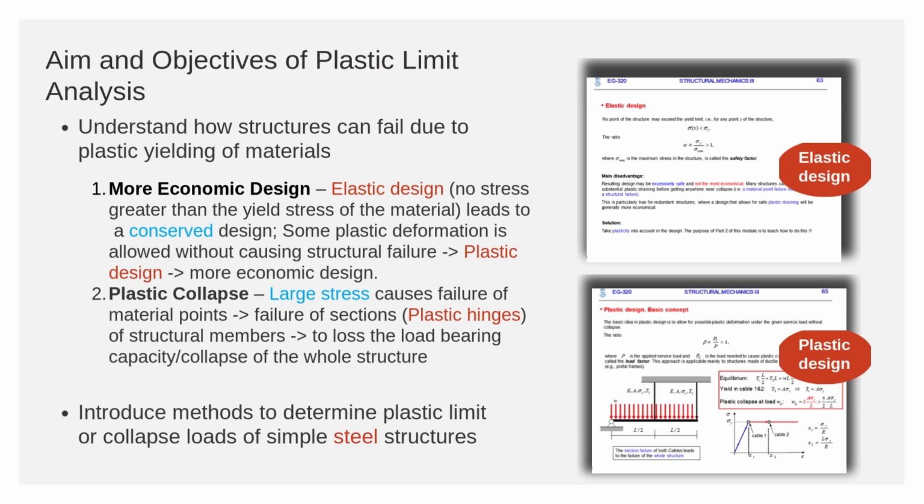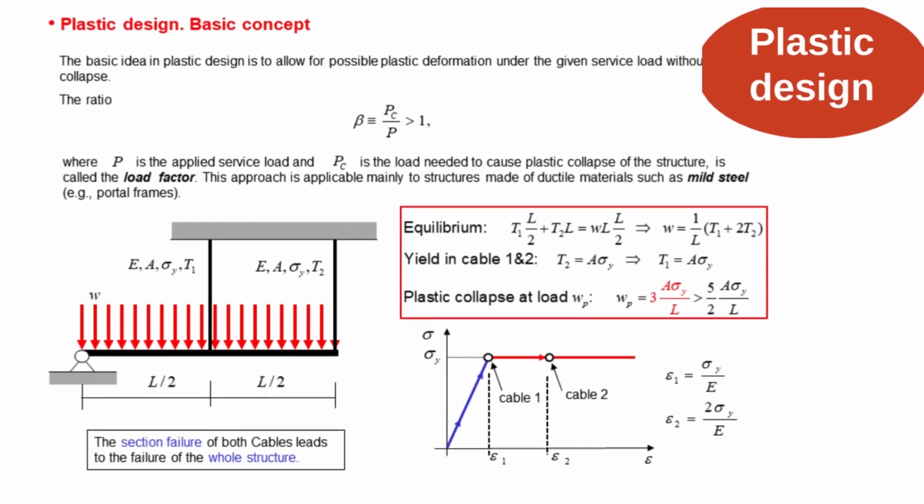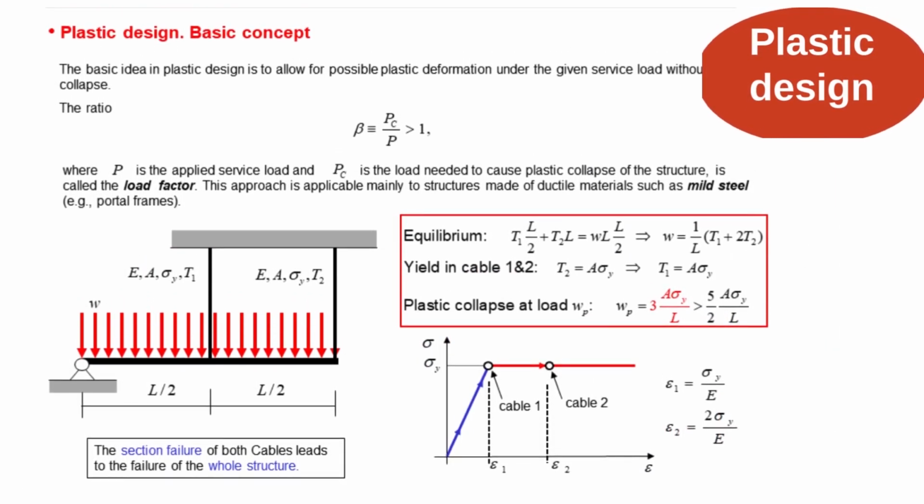It's important to understand the distinction between plastic design and its ominous counterpart, plastic collapse. While plastic design harnesses the material's ductility to absorb energy through controlled deformation, plastic collapse occurs when excessive stress causes material failure, leading to the formation of plastic hinges within structural members and, ultimately, structural collapse.